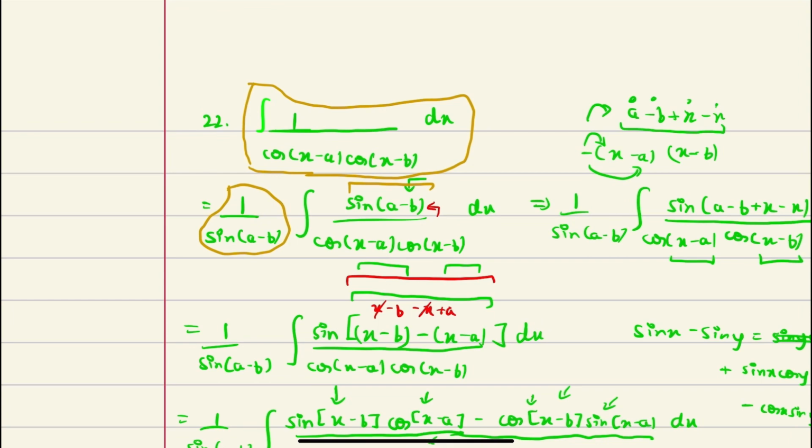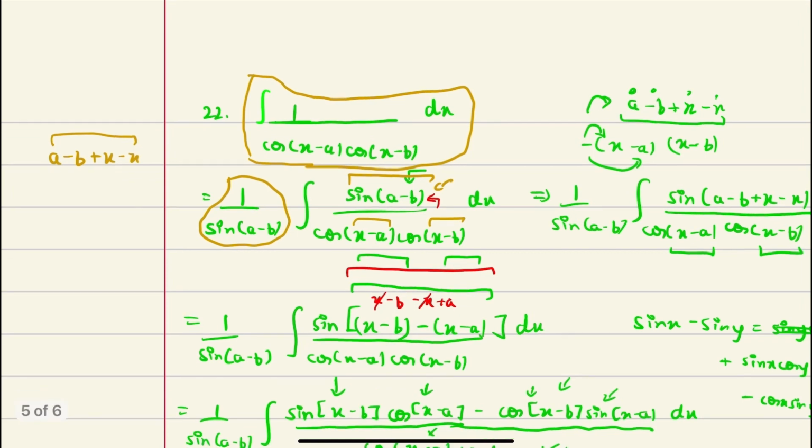Then I'm just going to do some rough work again for you on the left. So a minus b, this is the argument of the sine in the numerator, and we're going to add and subtract an x to it. It's effectively just adding 0, but it's going to help us solve the question, right? Now we want this to look like the denominator, x minus a and x minus b.